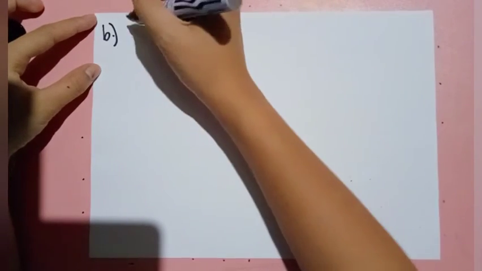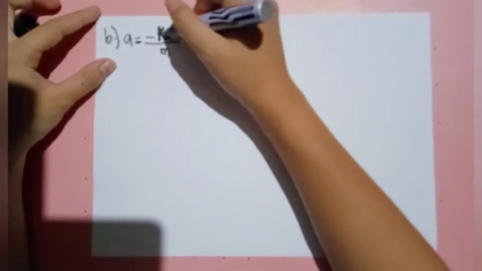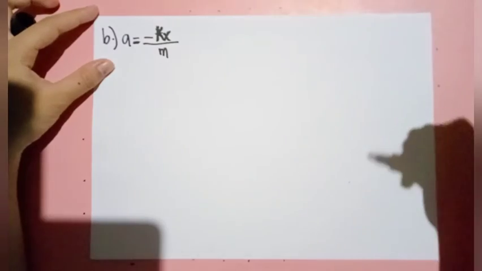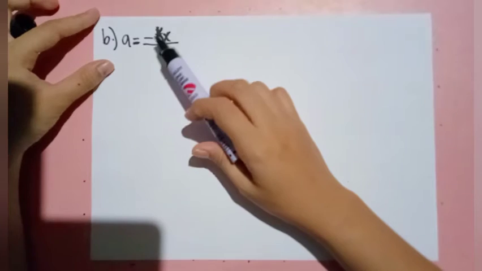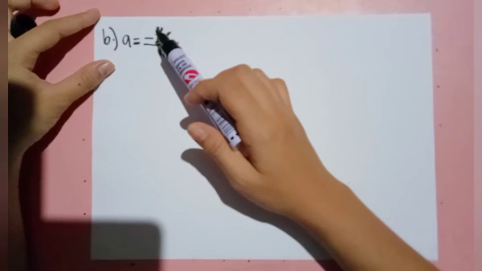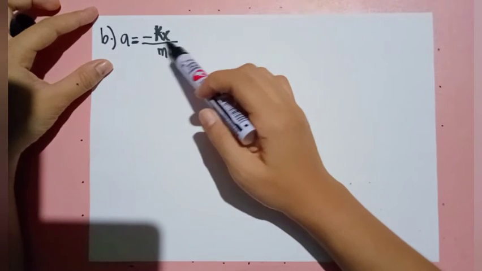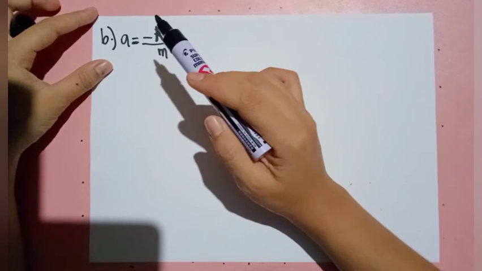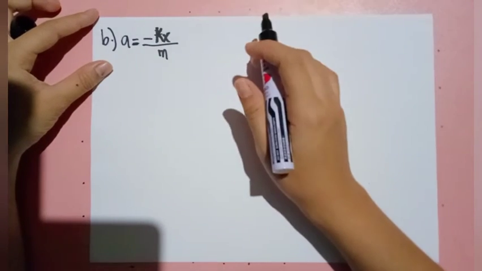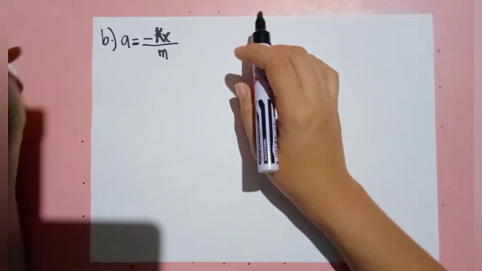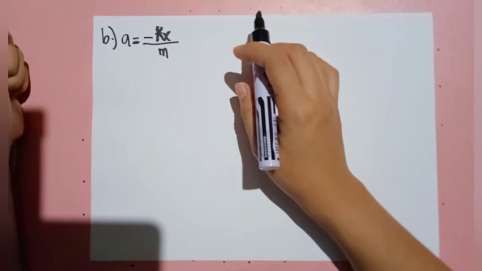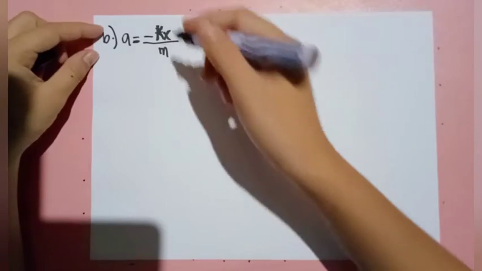Okay, so letter B. Since we already have the values for the spring, for the force constant, x and m, we simply have to substitute these values to our variables here.